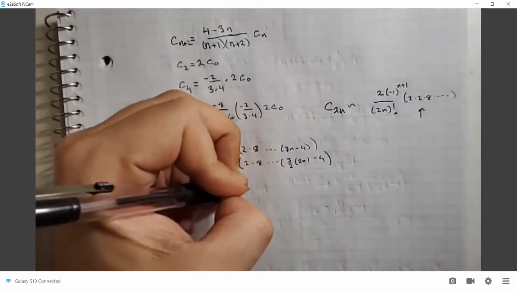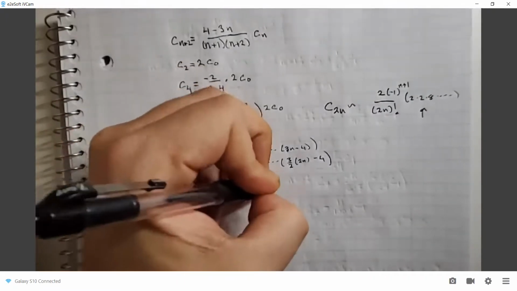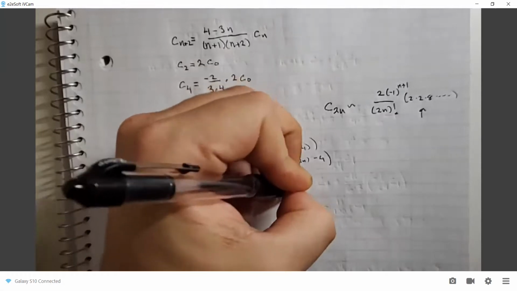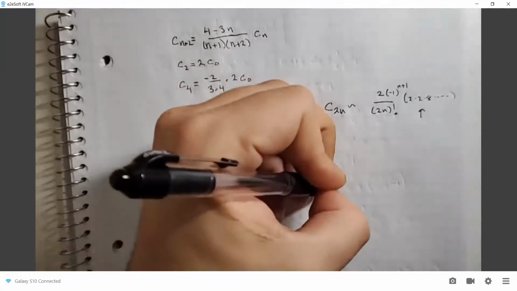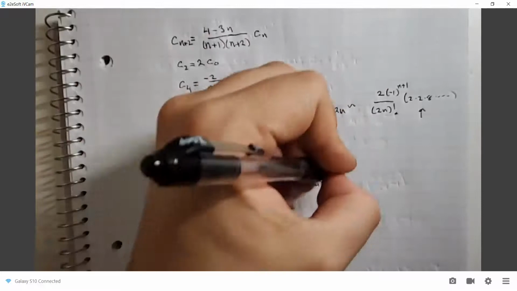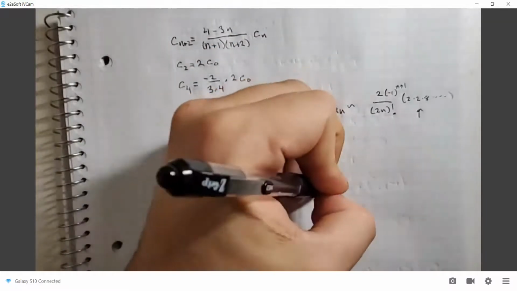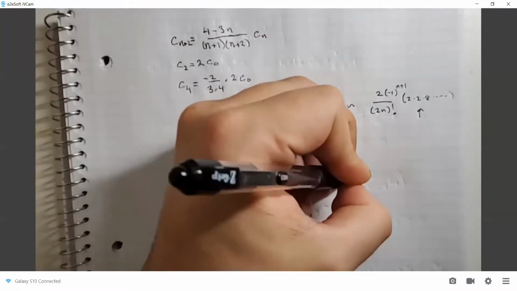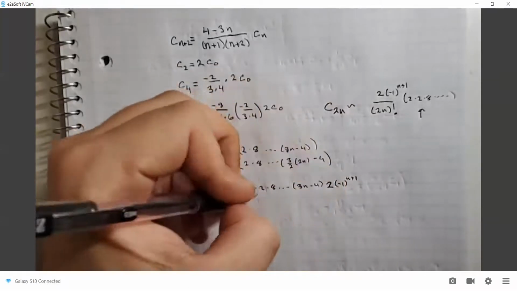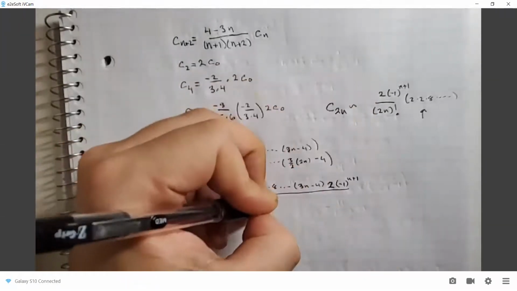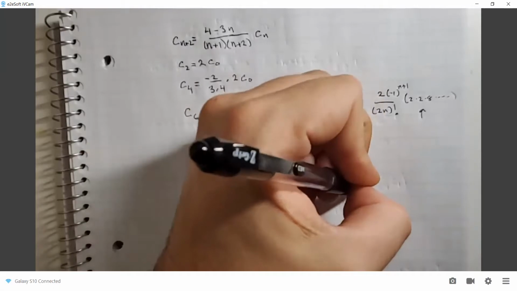So you could just say C2n would be 2 times 2 times 8 times da da da da da times (3n minus 4), and then times this junk right here, times the 2 times -1 to the n plus 1, over 2n factorial, and then times C0.